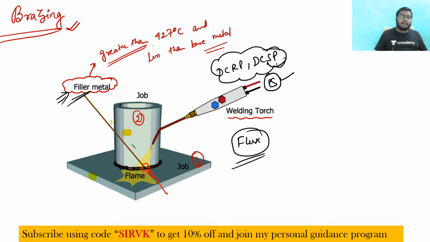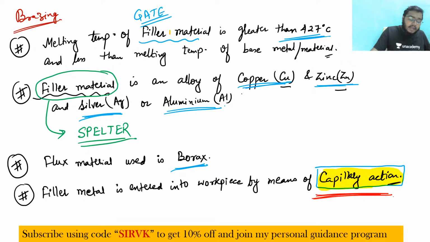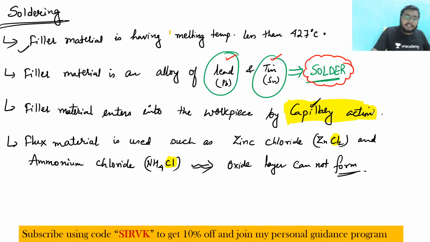And most important thing, brazing is used for very low melting point material, above 427 degrees Celsius. The temperature range is very small, 427 degrees Celsius.